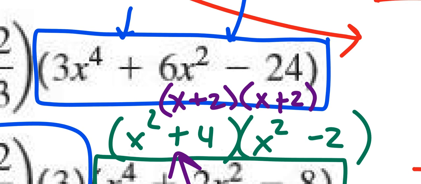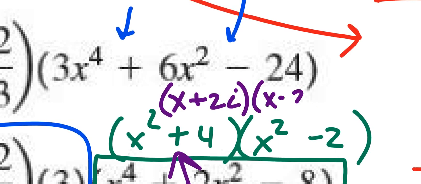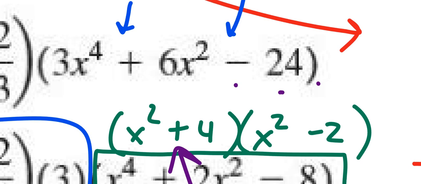But that would be x plus 2i and x minus 2i if you're allowing yourself to go all the way. If you allowed yourself to go all the way to the complex numbers, you could factor that x squared plus 4. But we're not. We said we were stopping with just real numbers. So, gone. Yeah, I'm not going to worry about it.